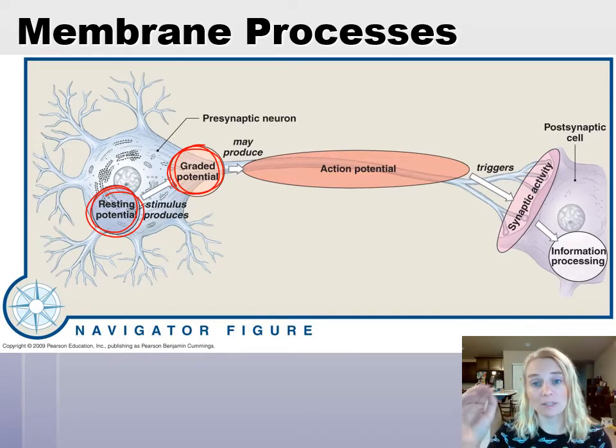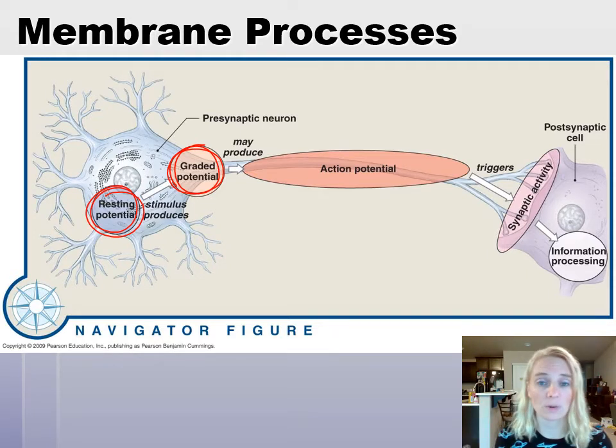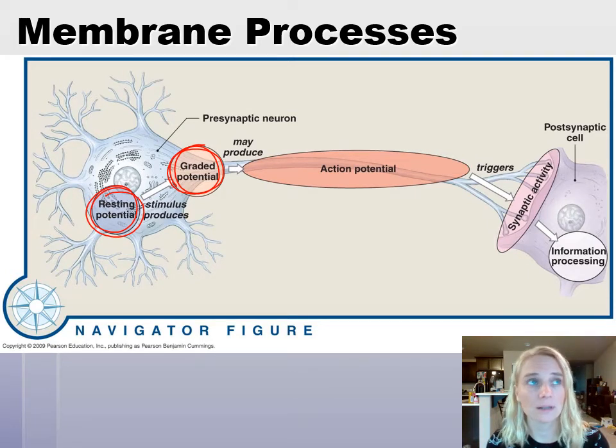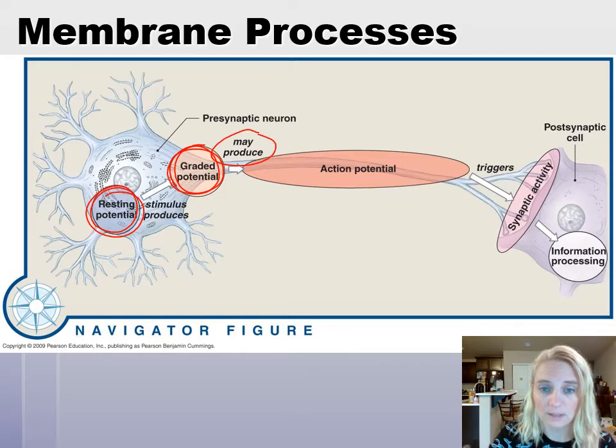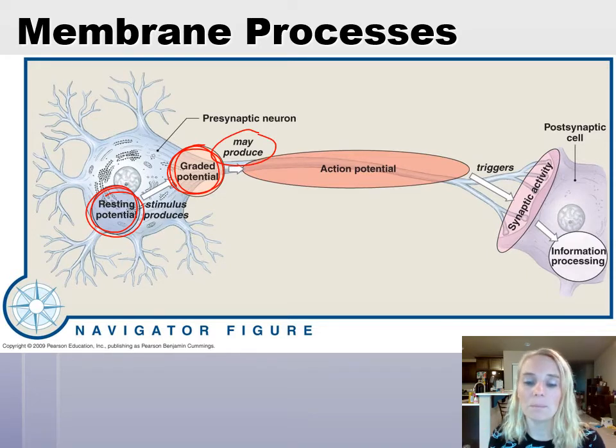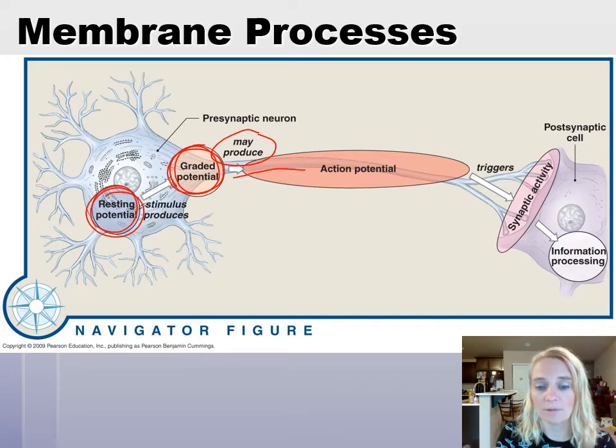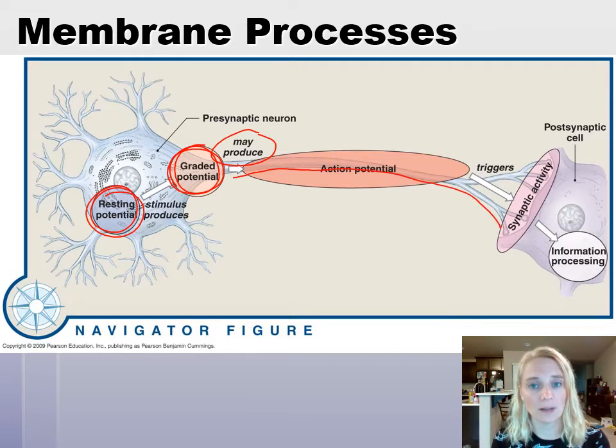We can either have depolarizing, where we get more positive, or hyperpolarizing, where we get more negative. And if that depolarizing potential is close enough or strong enough to the initial segment of the axon, it may or may not produce an action potential, which will then travel the entire length of the axon all the way down the telodendria to the synaptic knobs.